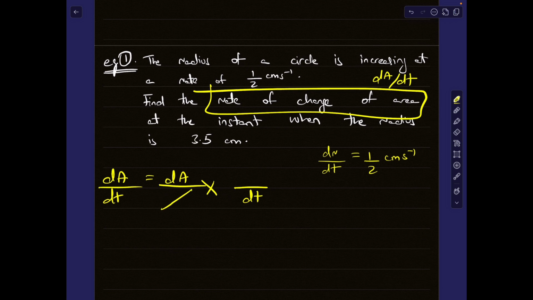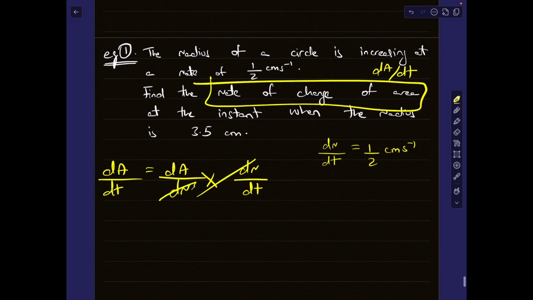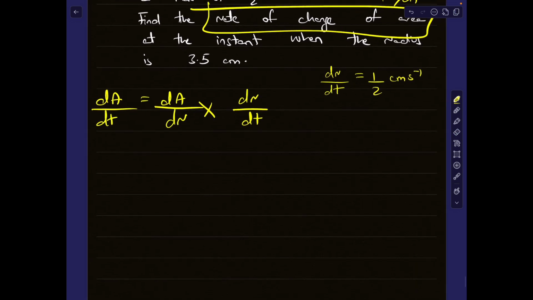So these two things will cancel out and we'll end up with rate of change of area. So what's the third variable? Ask yourself. It's radius. So when dr cancels out, we'll turn out to have dA over dt, and this is our chain rule.